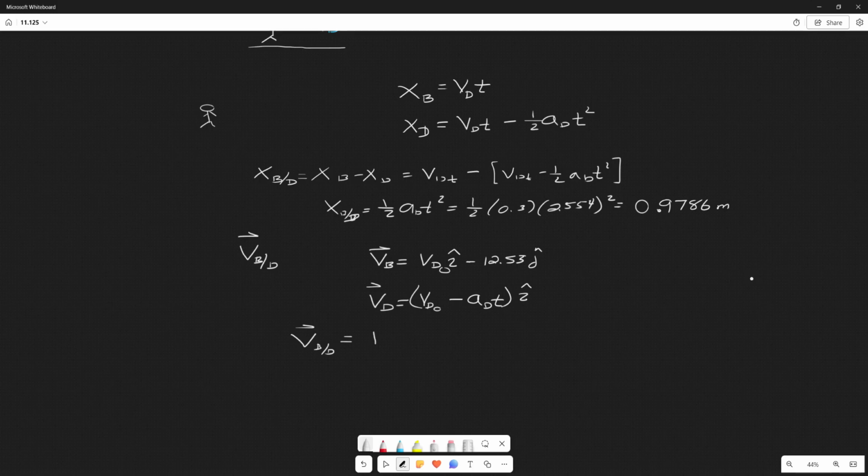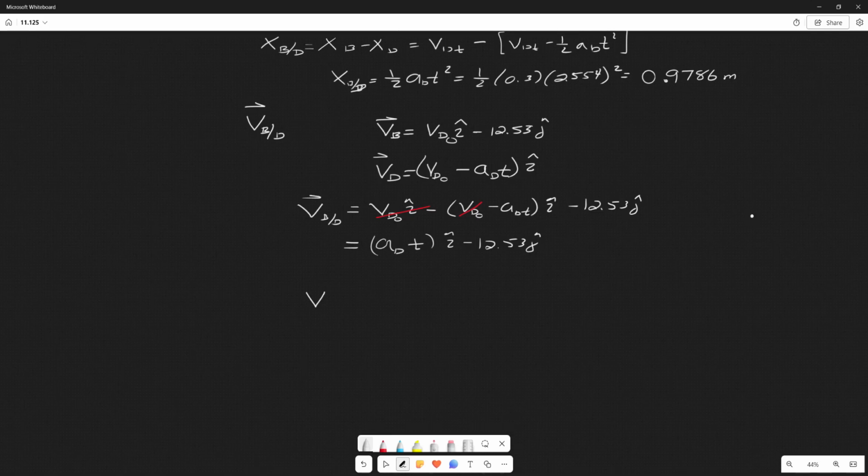It is vd0, the initial velocity of the deck, times i, minus vd0 minus adt, again times i, minus 12.53 times j. Therefore the vd0 cancels out, so there's no dependence on vd0. And we get that this equals ad, the deceleration of the deck, times time, i hat, minus 12.53 j hat.